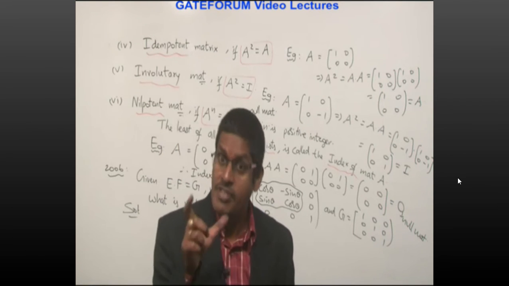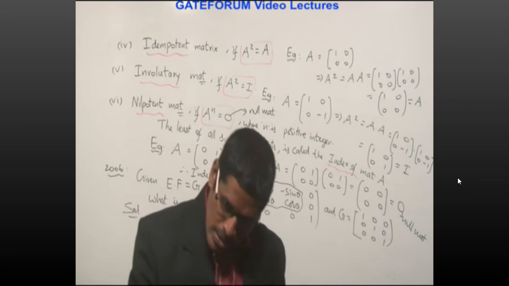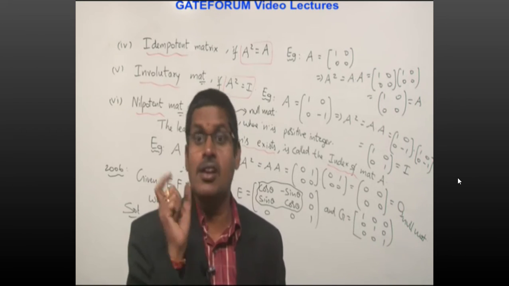That is, dot product of every 2 vectors is 0. Similarly, length of each vector is 1 whenever it is an orthogonal matrix.